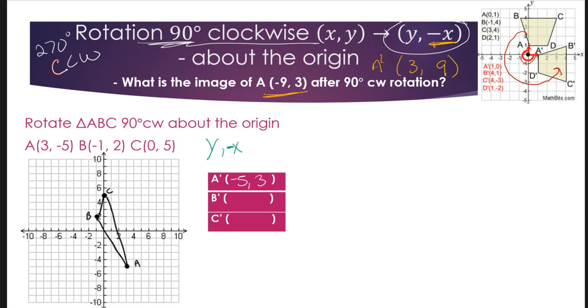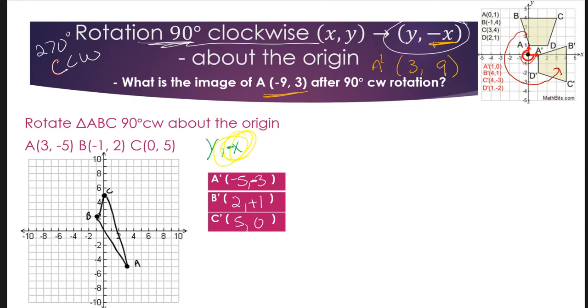I'm just going to again switch all of them like I did before to -1 and then 5, 0. That's switching places, and now I have to do the changing of the signs. So for this, it's now going to be negative, positive. And again, 0 has no sign, so we leave that alone.